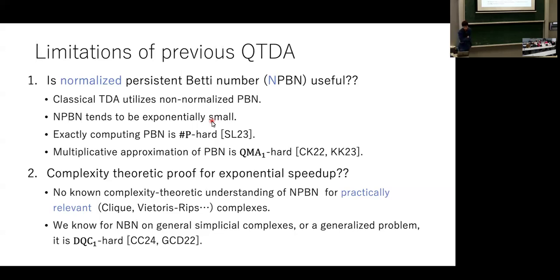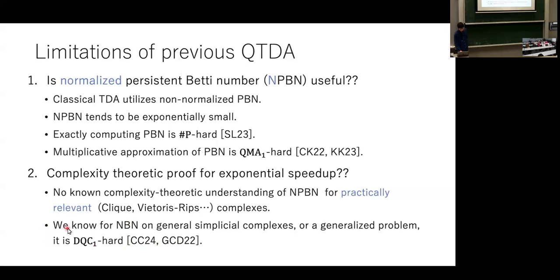The second limitation is the evidence for the exponential speedup. No complexity theoretic understanding of the normalized persistent Betti number problem is known for practically relevant complexes, such as the Vietoris-Rips complexes.